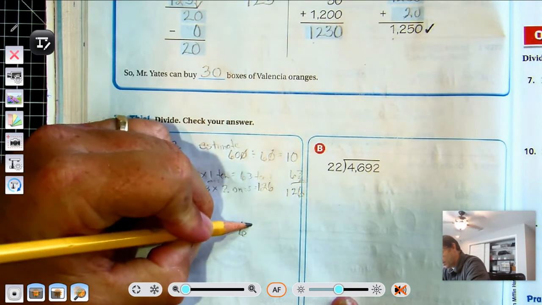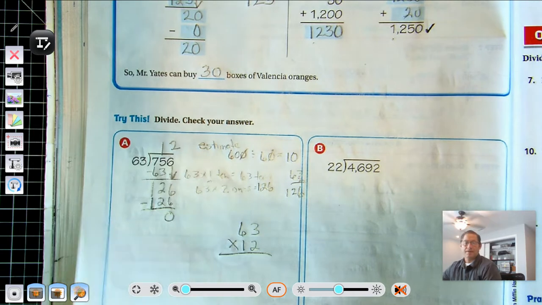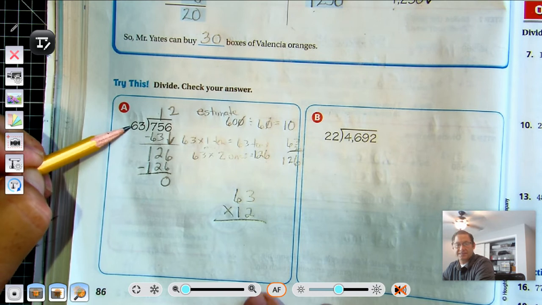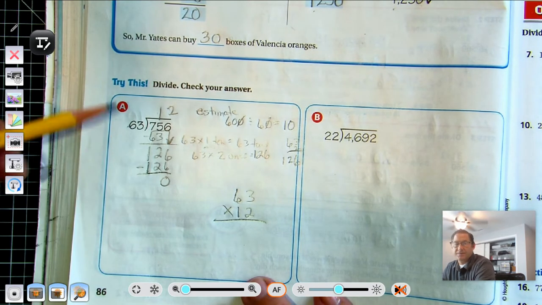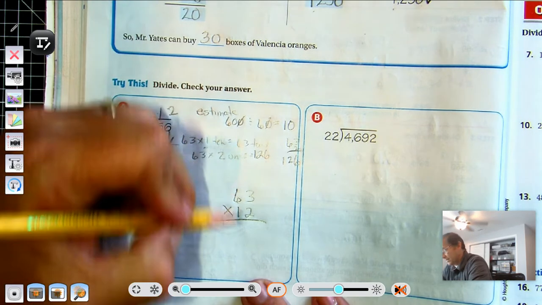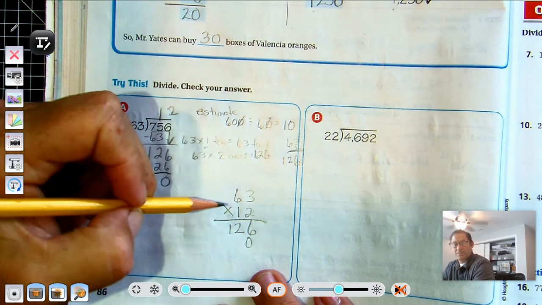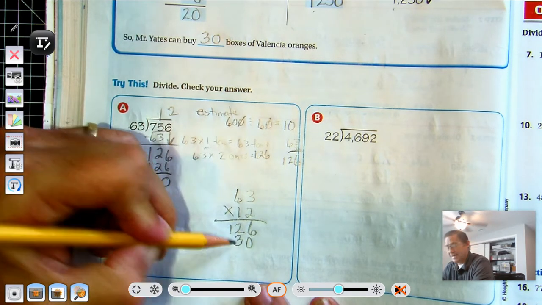So let's check that by multiplying the divisor by the quotient. Quotient is 12. Divisor is 63. When we multiply, it should give us the dividend 756. 2 times 3 is 6. 6 times 2 is 12. Multiply by the tens. 1 ten times 3 is 3 tens.